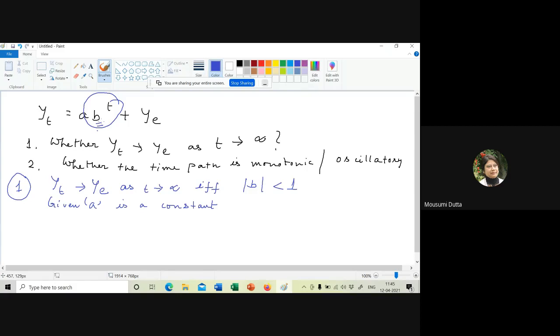If t is equal to 3, it is 1/8. If t is equal to 4, it is 1/16. So the value is continuously reducing. If the absolute value of b is less than 1, as you increase the power t, b to the power t continuously reduces and moves towards 0.